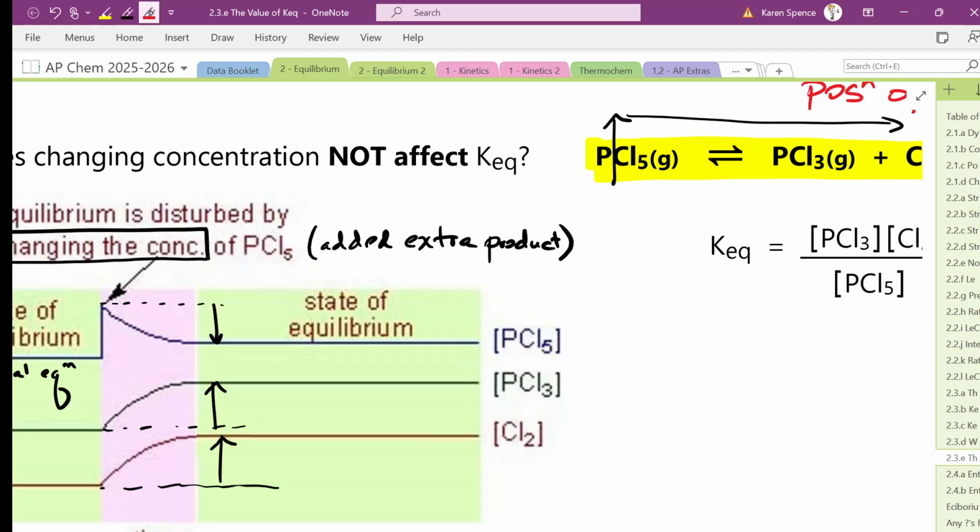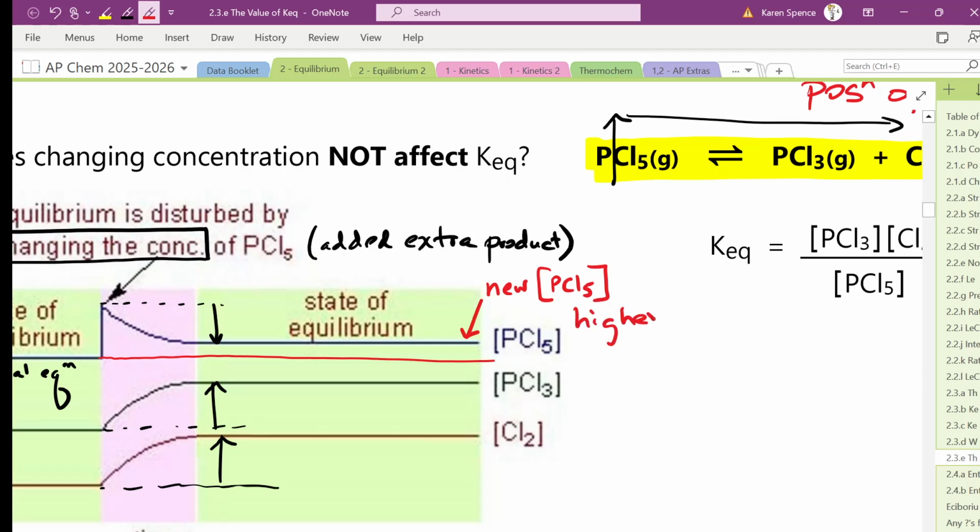So if we look at PCl5 compared to where it was before, the new concentration of PCl5 is higher. What about the new concentration of PCl3?